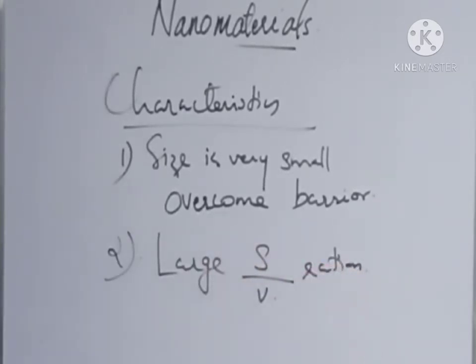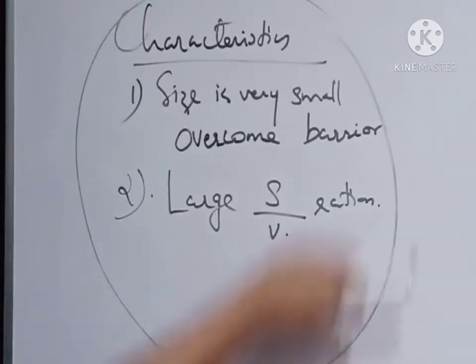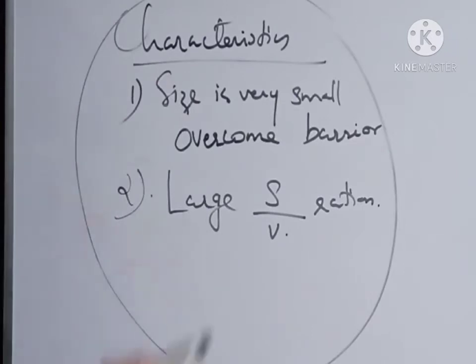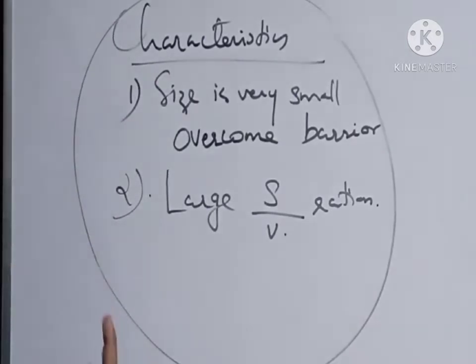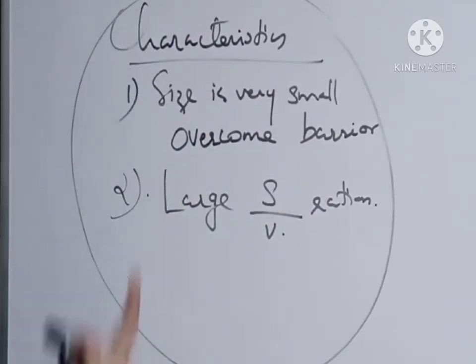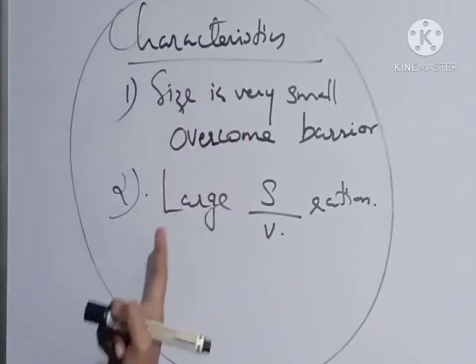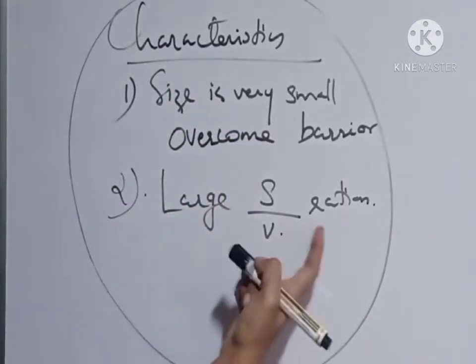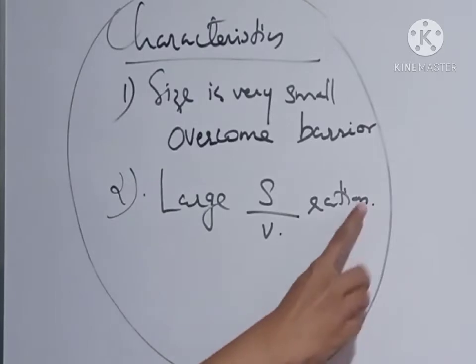Large ratio of surface area to volume. These two properties make them very effective. All the properties of the nanomaterials depend upon these two characteristics. That is very small size and large surface area by volume ratio.